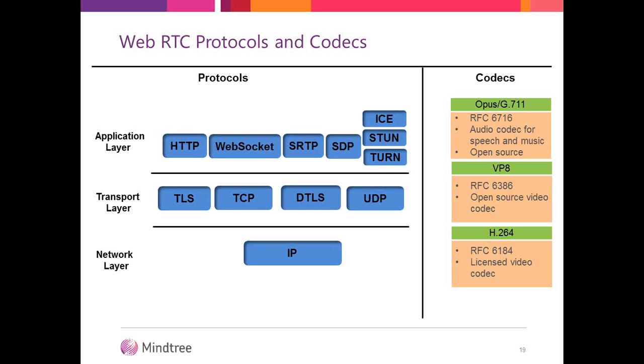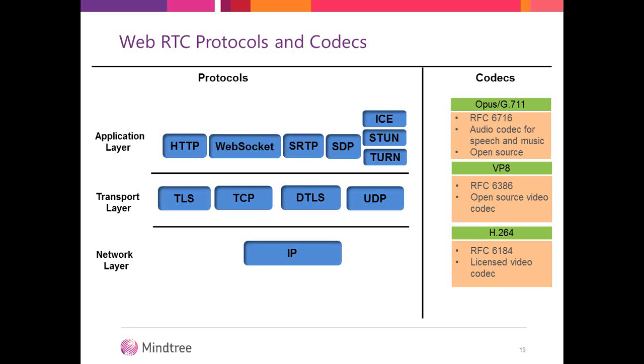The second point here is the video codec. What type of video codec are we going to use? The video codec we are going to use here is VP8. Some debate is going on about whether we have to go for VP8 or H.264. VP8 is an open source codec, while H.264 is license based.